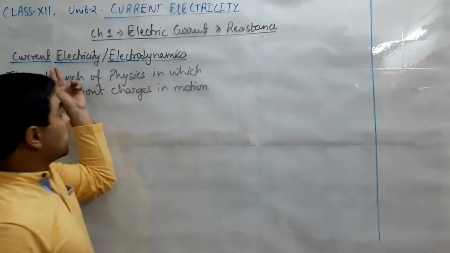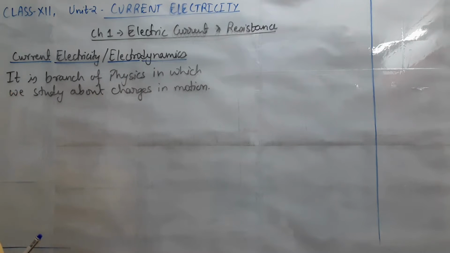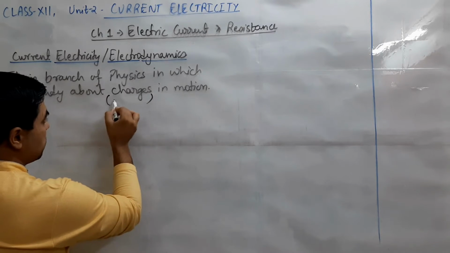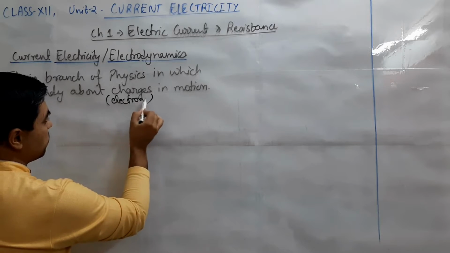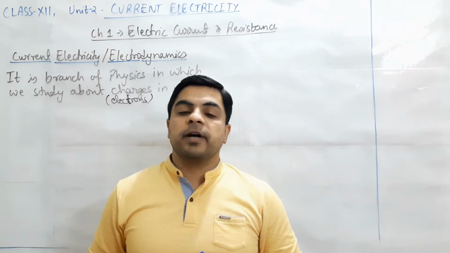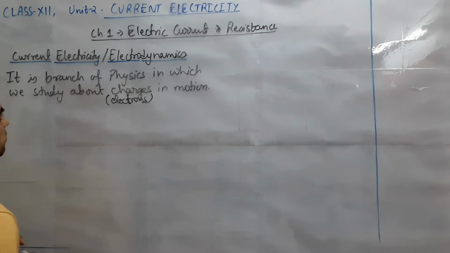Here this term current electricity, or electrodynamics, defines itself: the branch of physics in which we study charges in motion. Obviously this charge, in most cases, will be in the form of electrons, but it is not always. It may be in the form of positive ions or positive particles also. So charges in motion will be considered in this entire unit.